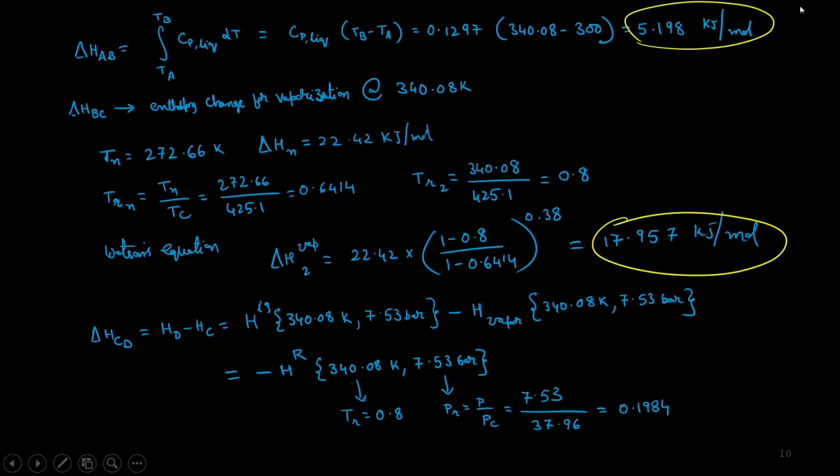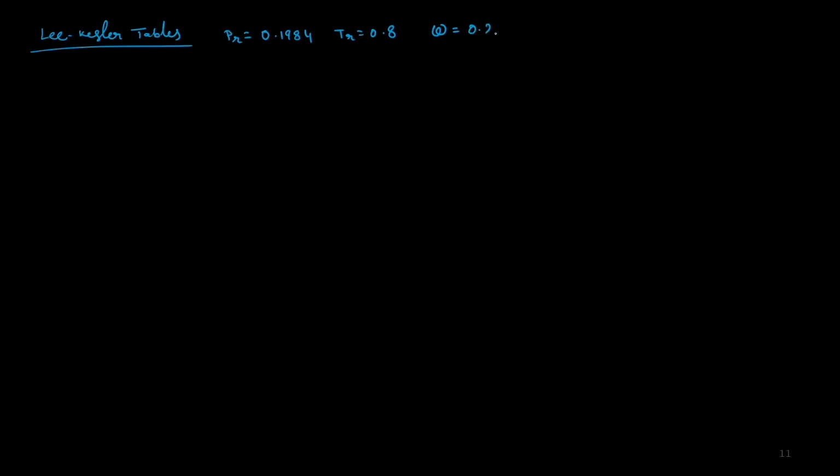So what I'm after, using Lee-Kessler tables, or you can use any suitable correlations for calculating this residual enthalpy, is the residual enthalpy for n-butane at PR of 0.1984, TR of 0.8, and for n-butane it turns out the acentric factor is 0.2.